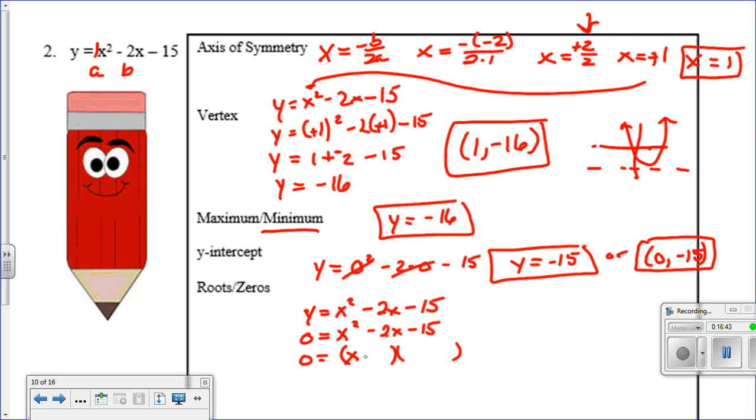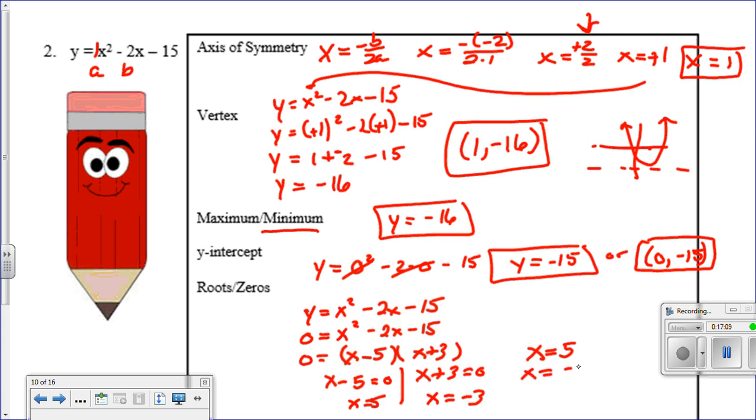I'm thinking x minus 5 and x plus 3. So x minus 5 could be 0, which means x could be 5. X plus 3 could be 0, which means x could be negative 3. So when you're giving the roots or the zeros, you only give the x values. If it asks for coordinates, you'd give both.